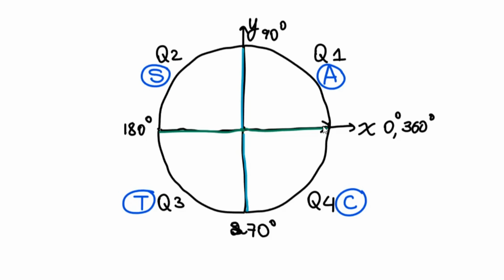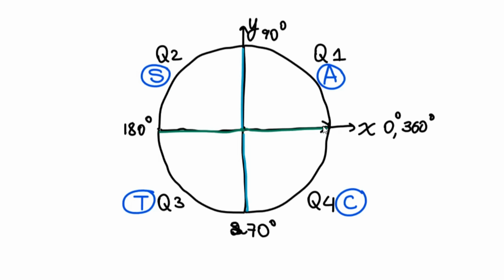The adjacent side would be 1 because this is a unit circle with a radius of 1, and the radius is 1, which is the hypotenuse of a triangle. So then I will divide 0 by 1, and it will be equal to 0. Sine of 0 is 0.